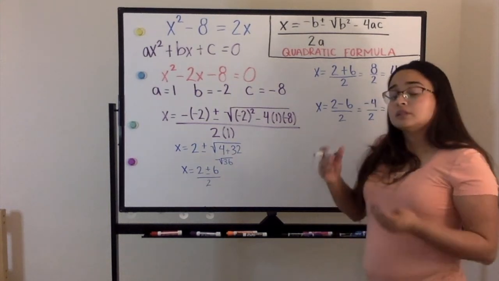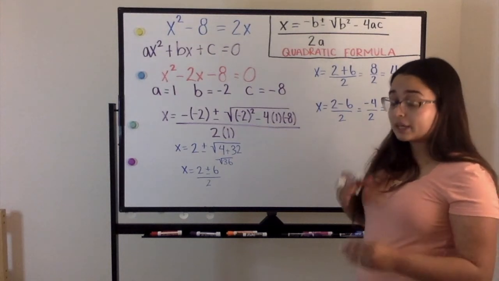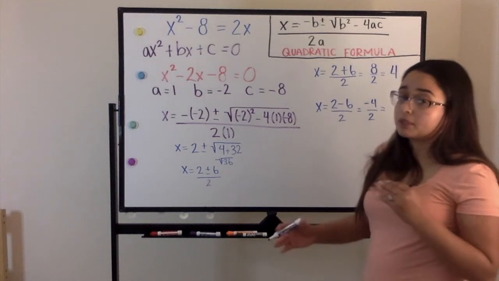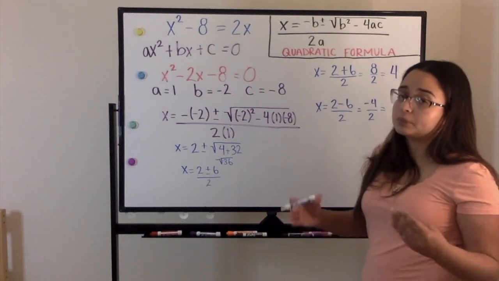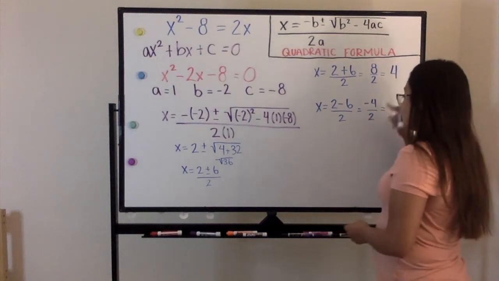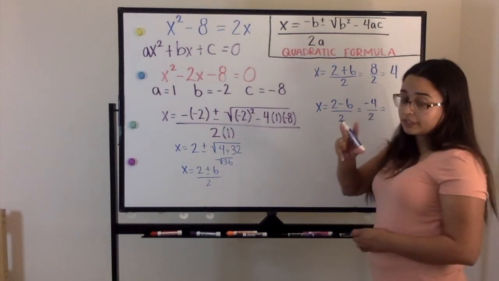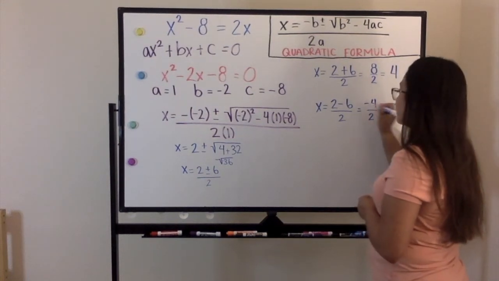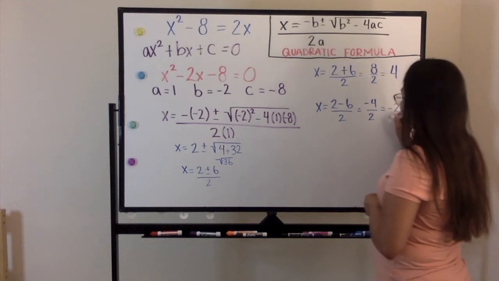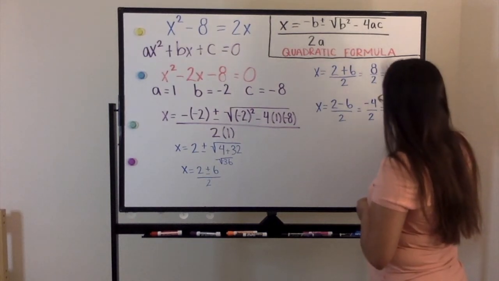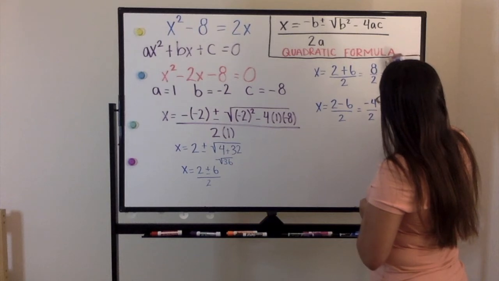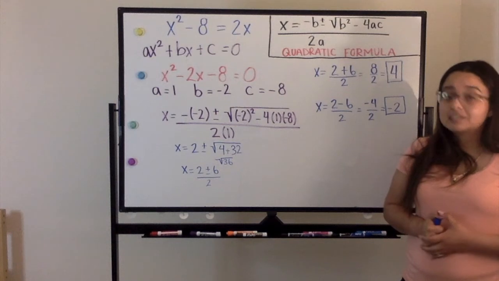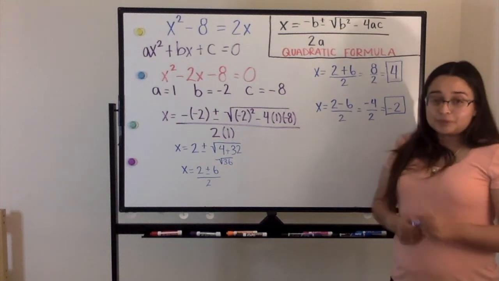Now, our answer is going to be negative because we have to multiply a positive and a negative in order for our answer to be negative. So 2 goes into 4 2 times, but it'll be negative 2 because we want to get a negative 4. So this is our second answer. And that is how we solve a problem using the quadratic formula.